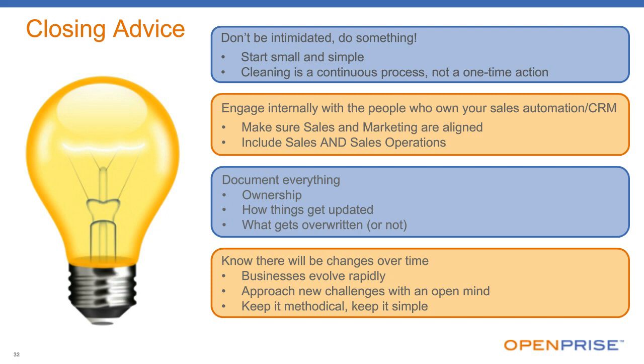You can start as small as taking the state field, deciding whether that's going to be the full name of the state or an abbreviation, and seeing if that helps you when you start to pull a list for, say, a field event, and you want everybody in the state of New Jersey.